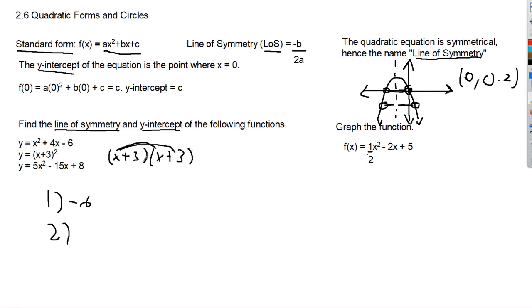But you go 1, 2, 1, 2, and then x times x is x squared, 3 times x and x times 3 is 6x, and then 3 times 3 is 9. So 9 is the leftover number, therefore 9 is the y-intercept. Now, the third one, there's an 8 right here, so 8 is the y-intercept. It's that simple. You just need to know your -6, your 9, and your 8, and that's the y-intercept of the following functions.